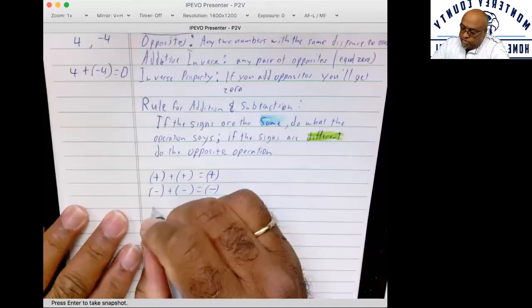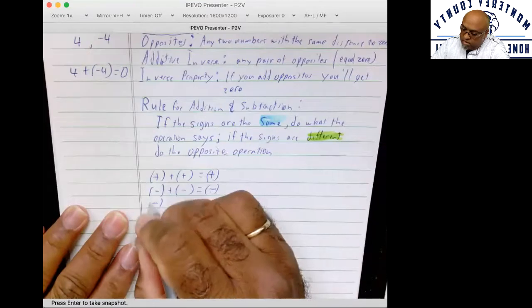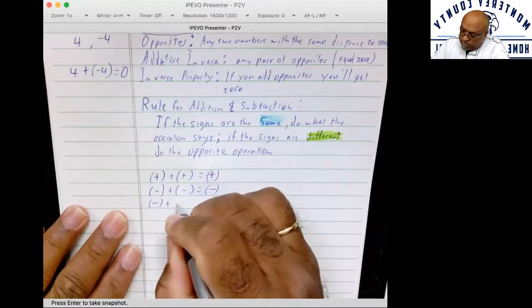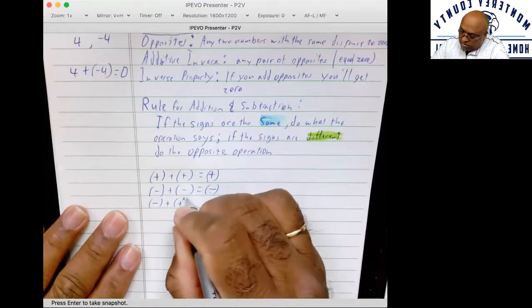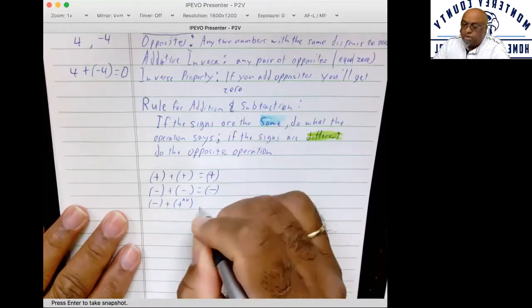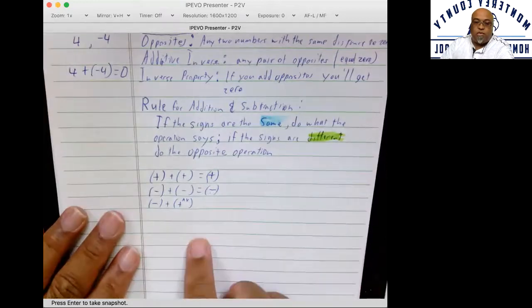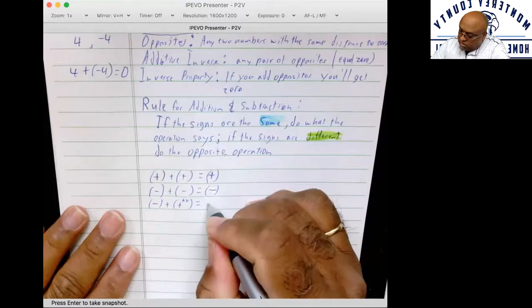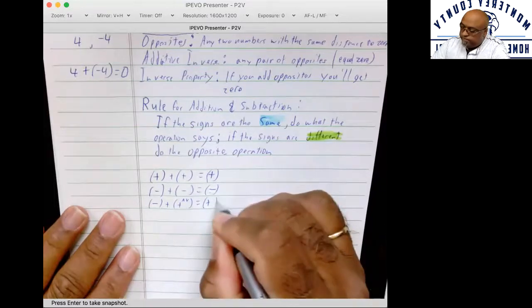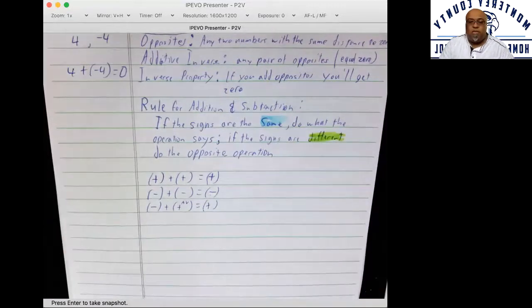Now, if I have a negative plus a positive, I'm going to write the letters AV over the top of it, meaning that that positive has a greater absolute value, then my answer will be positive. So if I have -1 plus 2, then -1 plus 2 would equal +1.